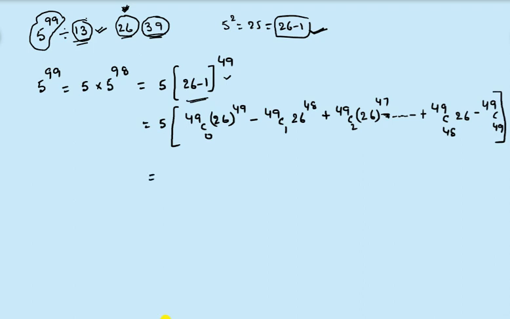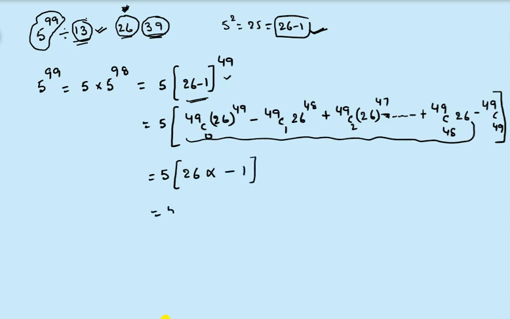Now what I am doing, observe here, except the last term, in all other terms there is an involvement of 26. That's why we can write that one as 26 into alpha minus 1. Again we can write this one as 5 into 26 into alpha minus 5. Same explanation, we can't write the remainder as minus 5 because the remainder can never be negative.